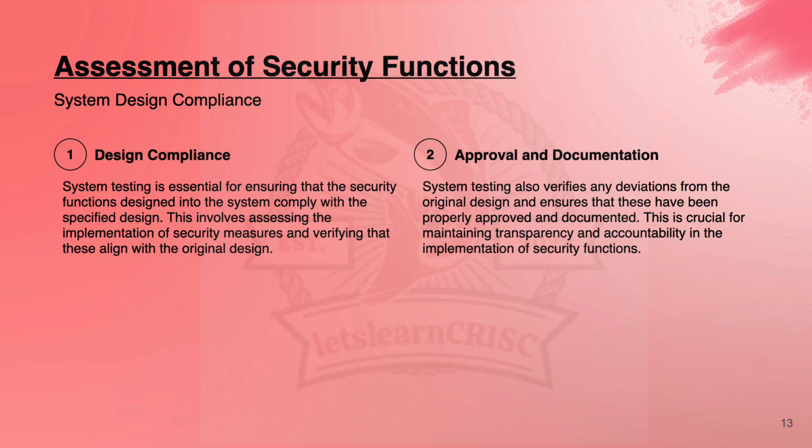Friends, system testing by verifying deviation and approvals contribute to the accountability by establishing a clear link between the implementation of security functions and the responsible parties. The verification of deviations ensures that the implementation adheres to the established change management process, which is crucial for controlled and secure system modification.